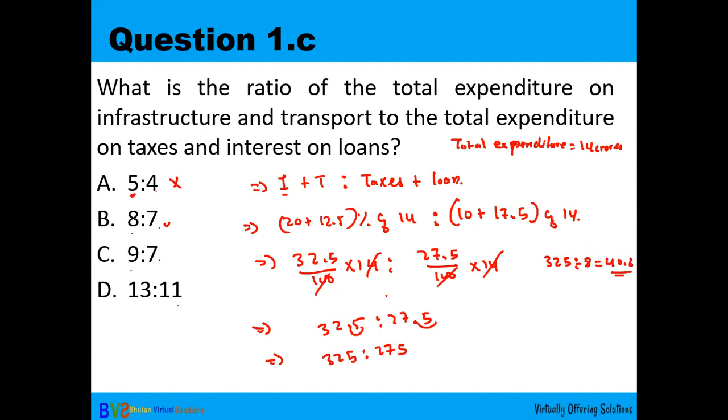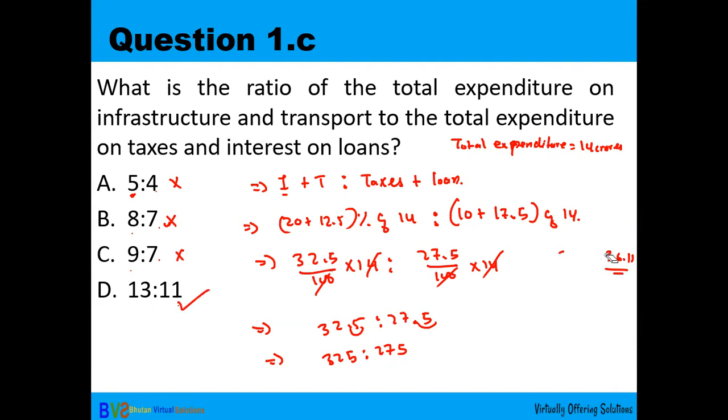This answer cannot be correct. All right, this answer is wrong. Now you do it for C. 325 divided by 9, you are getting 36.11. It is a decimal again. So obviously the answer is D.